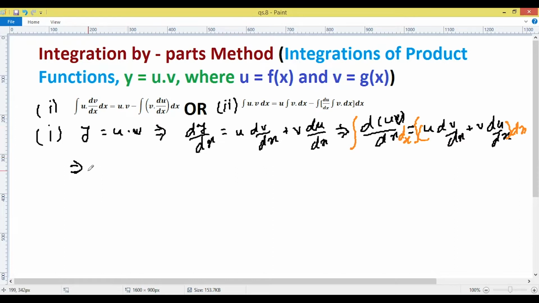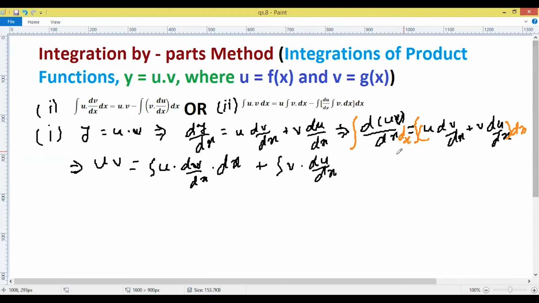So what you can write is u times v equals, now distribute the integration sign inside, the integral of u dv by dx dx, and in between there is a plus sign, so plus the integral of v du by dx dx.